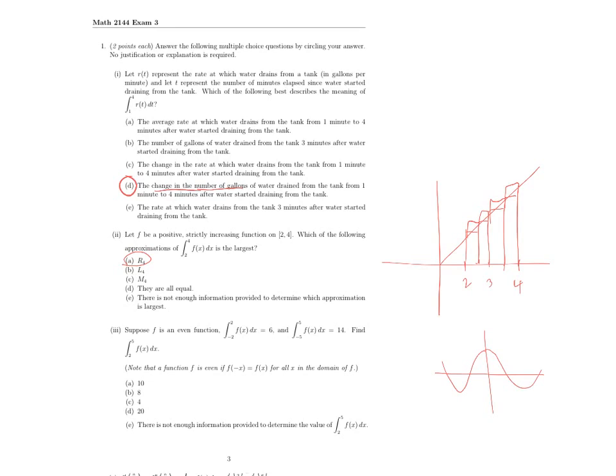The integral from -2 to 2 is 6, and the integral from -5 to 5 is 14. Since it's even, the integral from 0 to 2 would be half of 6, and the integral from 0 to 5 would be half of 14.